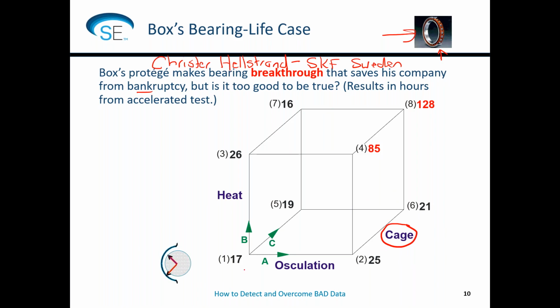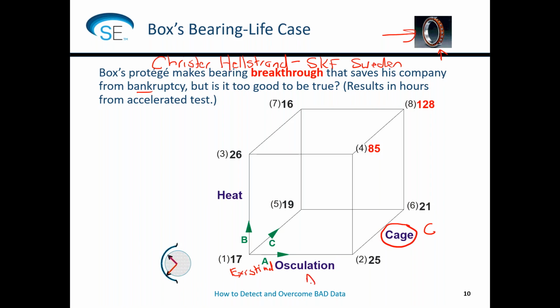They had this existing bearing down here in the lower right corner. And one of the things they were looking at was the effect of going from metal to plastic, which is actually in this diagram factor C.